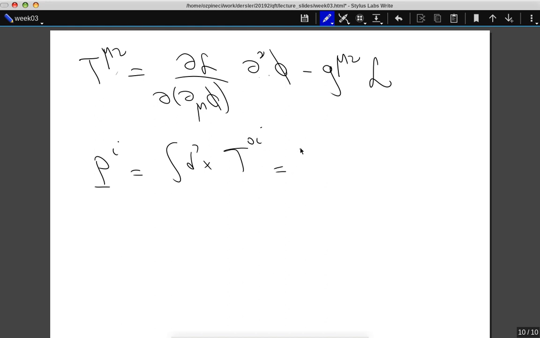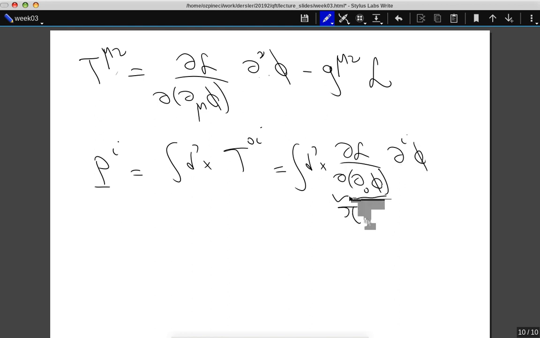This will be equal to the integral d cubed x of del L by del d0 phi times del i of phi. You see, this is pi, the conjugate momentum pi of x times del i phi. It's just the momentum. I said that the conjugate momentum and linear momentum are not the same thing, but you see here that they are related.